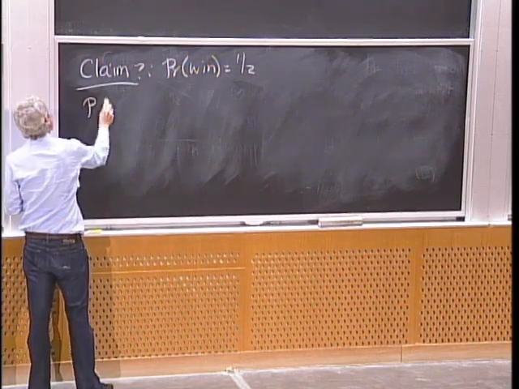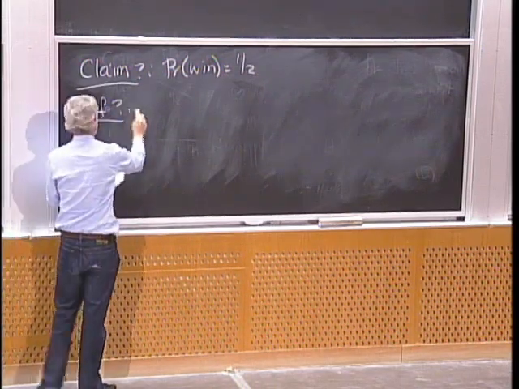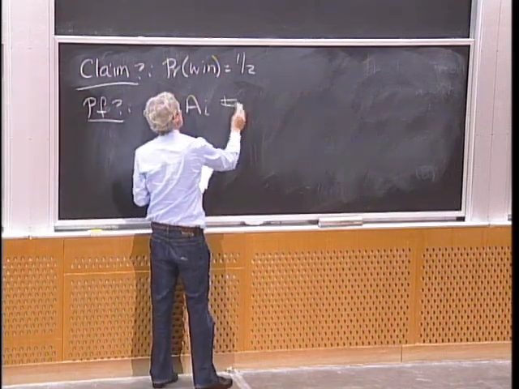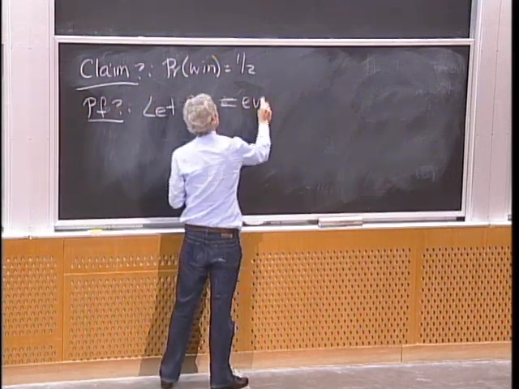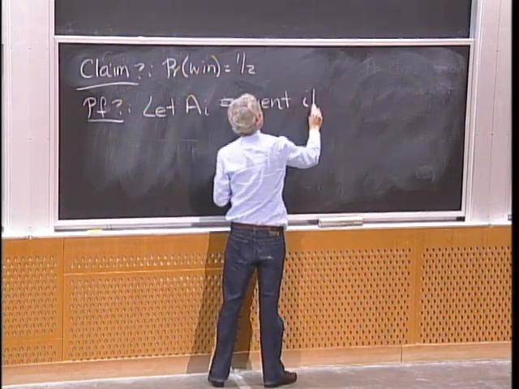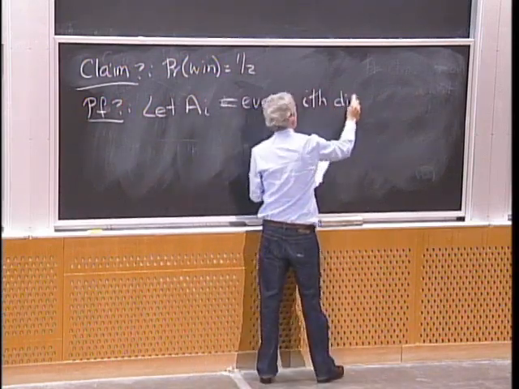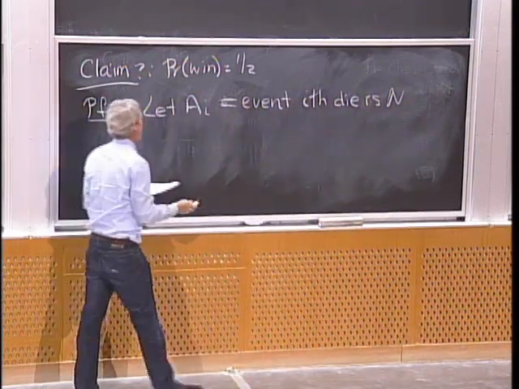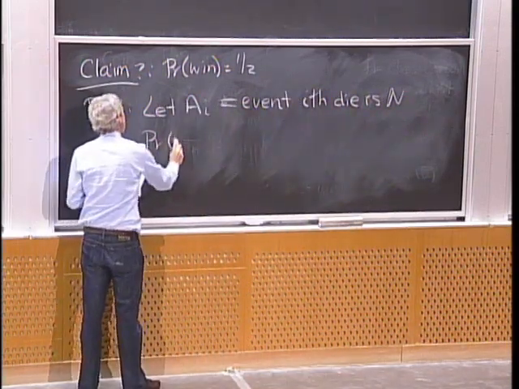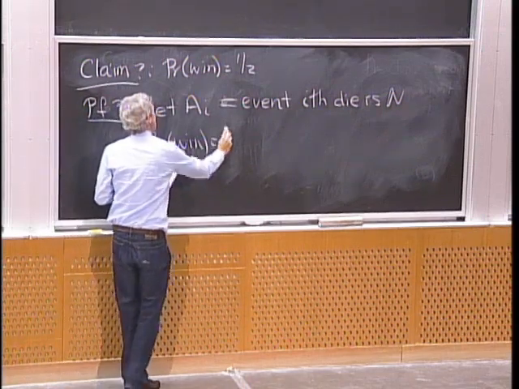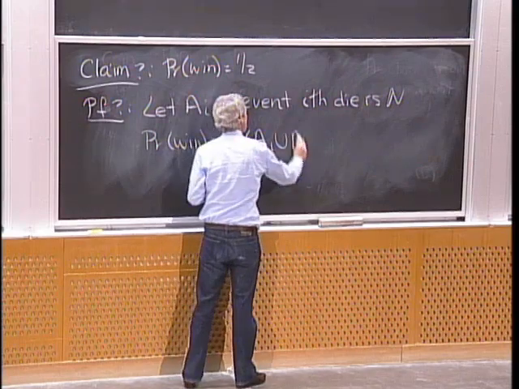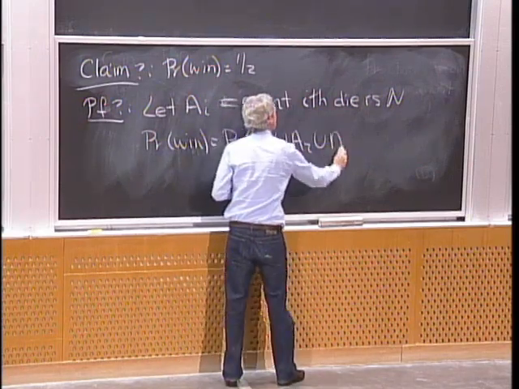And the proof, question mark, is you let Ai be the event that the ith die comes up n. And i is 1 to 3 here. So then you say, OK, the probability I win is the probability of A1, I can win that way, or A2, or A3.